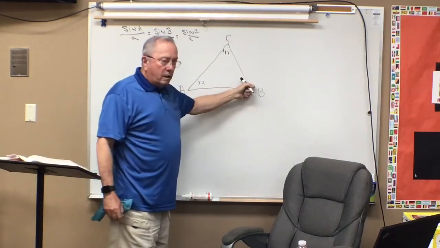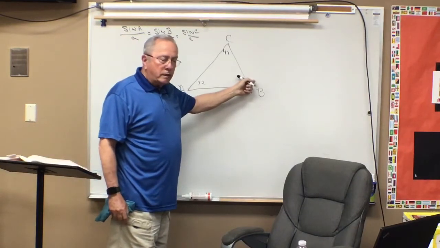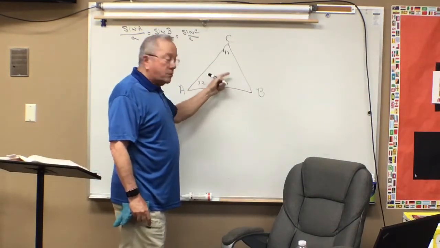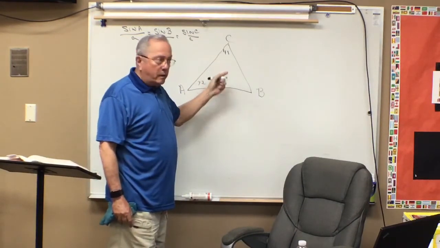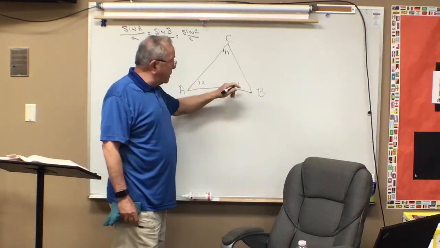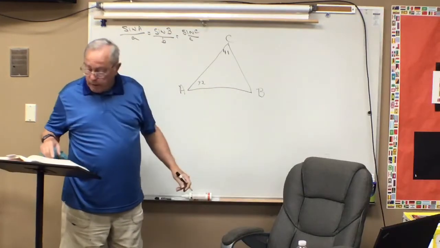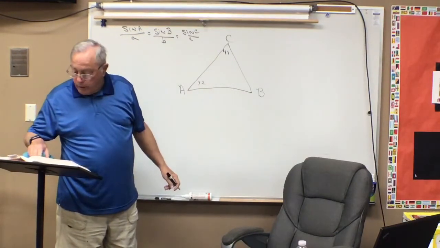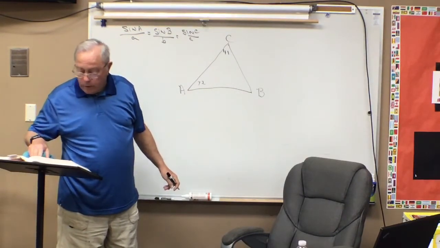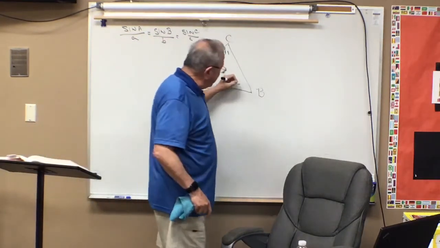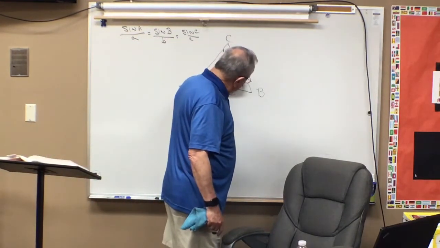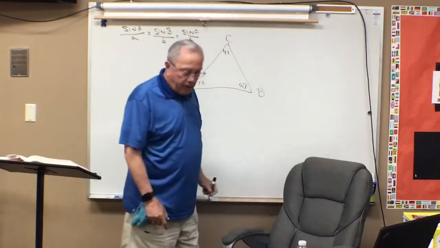Now, I told you that here's the case: we know that the sum of these three angles is 180. So it would help if we had this angle right here. So if we took 180 and subtracted 72 plus 41, we'd find out that this here is 67 degrees, okay?